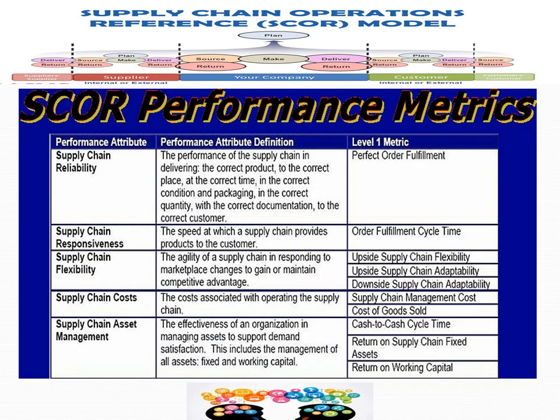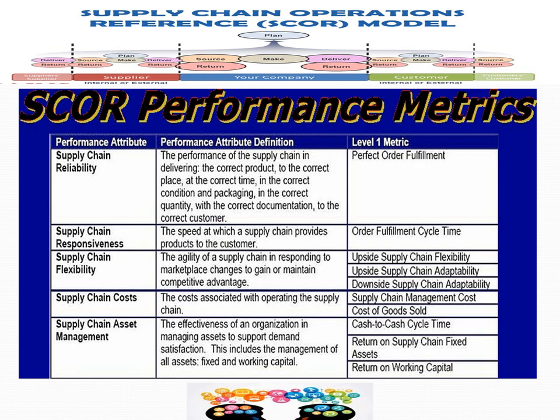After defining the processes, their interconnection and how they are framed in supply chain management, the next thing is the SCOR performance metrics. What kind of metrics can we develop in our supply chain management according to the SCOR model? These are the performance attribute definitions and level 1 metrics.